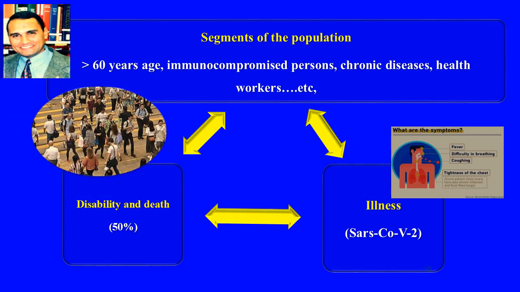An example of this segment of the population in the epidemic of SARS-CoV-2: people over 60 years of age, immune-compromised persons with chronic disease, and health workers are the segments of the population at more risk of illness from this disease. The disability and deaths of these segments are 50% of the total population.